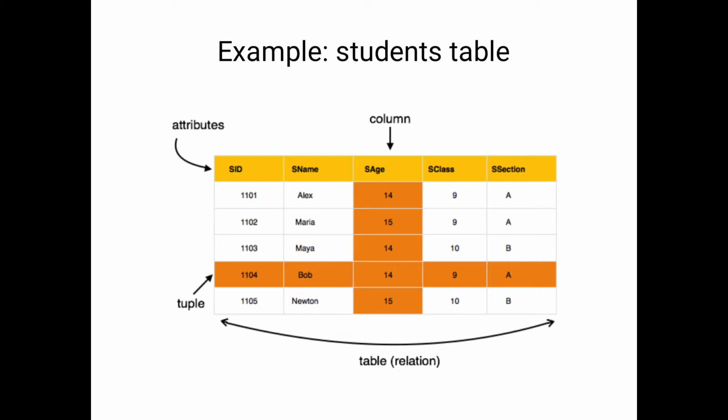What is the meaning of attribute? Here the attributes explain the property of that particular student. What is the student ID? That is one attribute. What is the student name? What is the student age? Student class, student section. Simply, that is the heading of a particular table. Suppose please observe the timetables on the notice board.